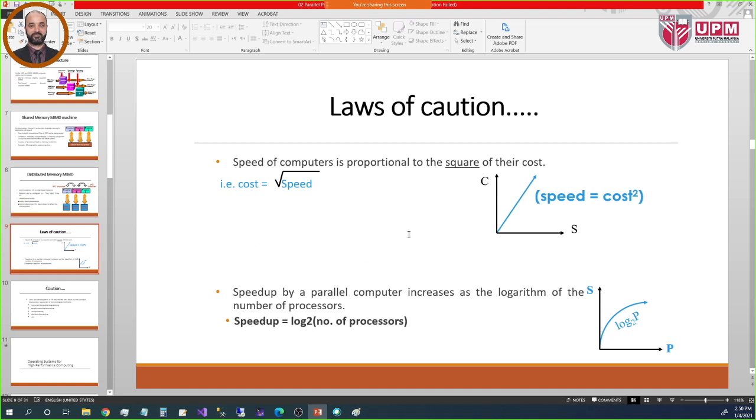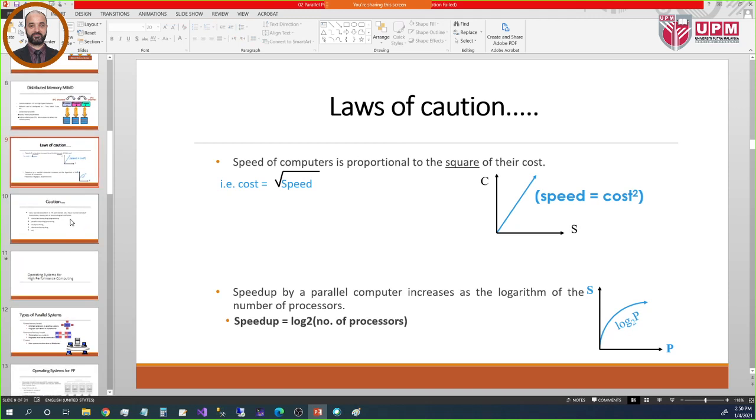The only things we have are very simple relations like that. So maybe in the exam, we can find one question, for example, asking about the relation between the cost and the speed. We give you a scenario, then ask you to calculate the cost or the speed or whatever. Very simple.